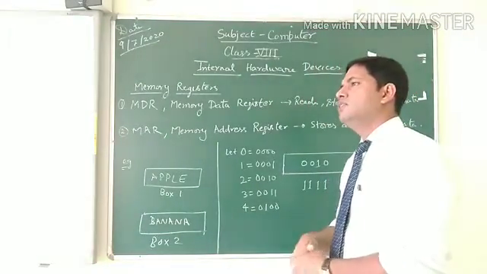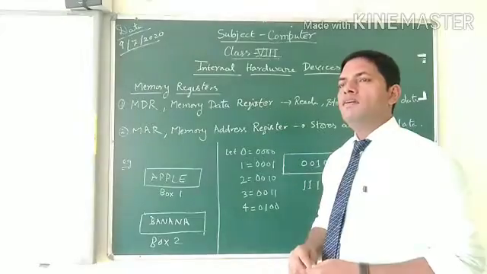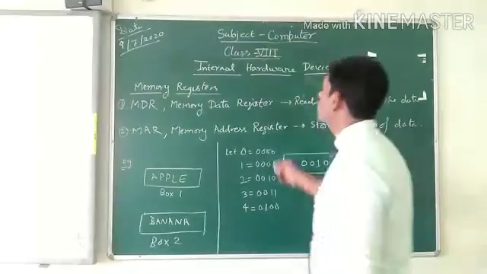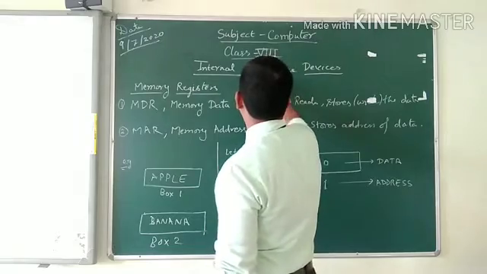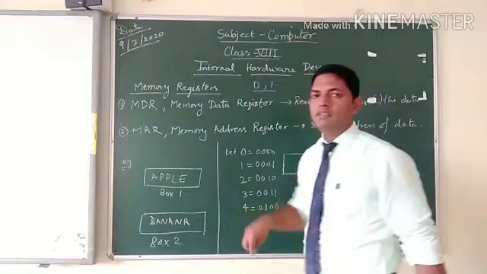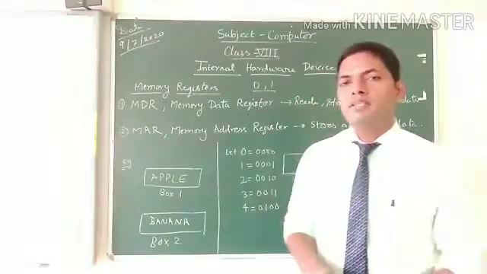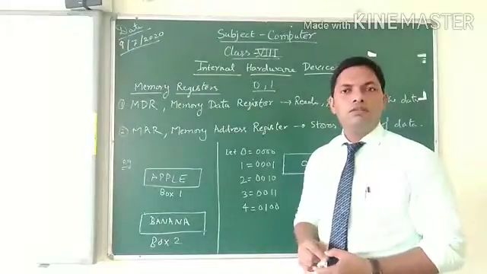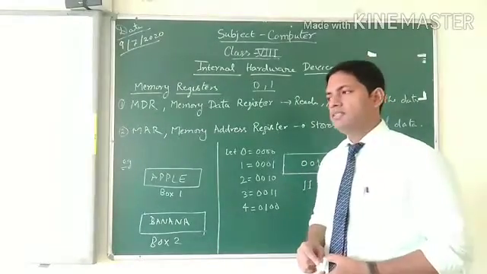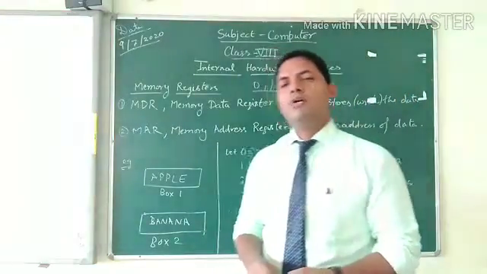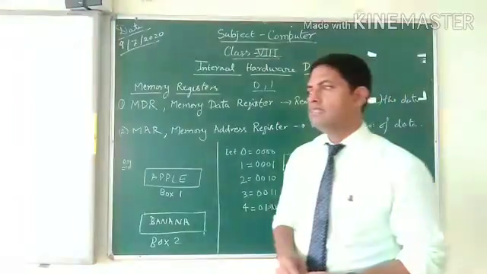Registers are used to store a bit that is 0 or 1. One bit is stored in one register. There are several registers used to hold the number of bits. As the number of bits increases, the number of registers is increased.